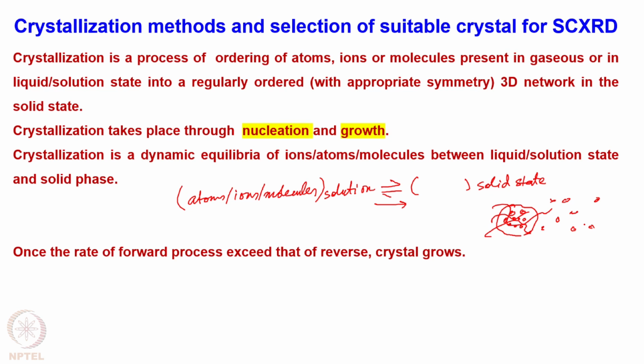what happens is if we try to allow the solvent to evaporate or we try to lower the temperature, in either case we are trying to increase the concentration of the solute particles in the solution that we want to crystallize. So in this process, what happens is that a critical size is achieved with these molecules or ions, which then can arrange in appropriate order to form a very, very tiny crystalline nuclei.